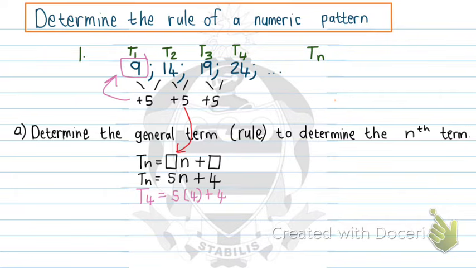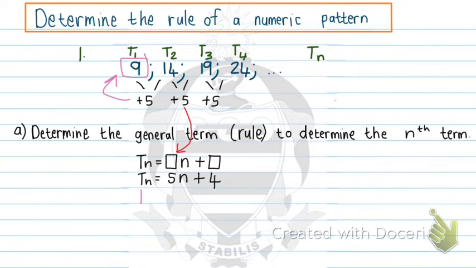If I have a 4 here, then I should have a 4 in the formula. 5 times 4 is 20, plus 4 is 24. Is that the correct answer for term 4? Yes, so our rule is correct.